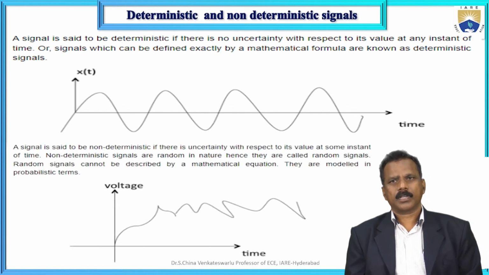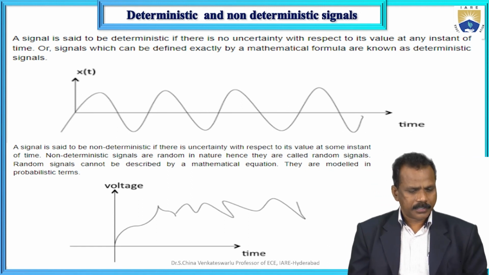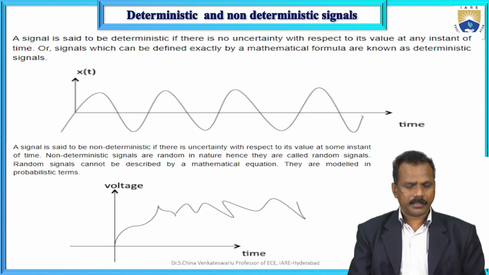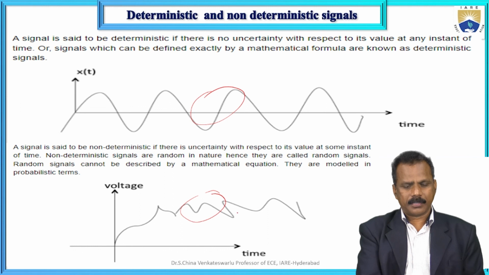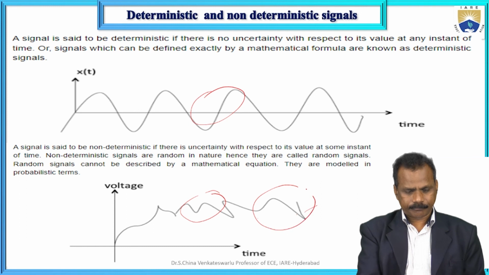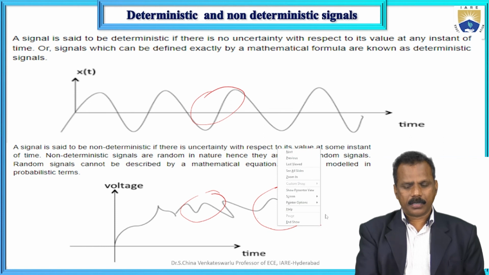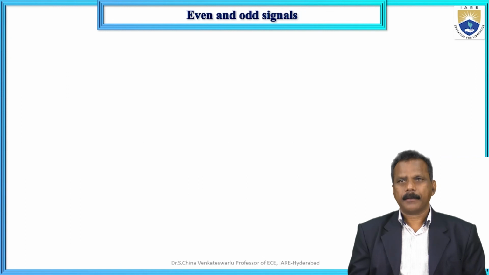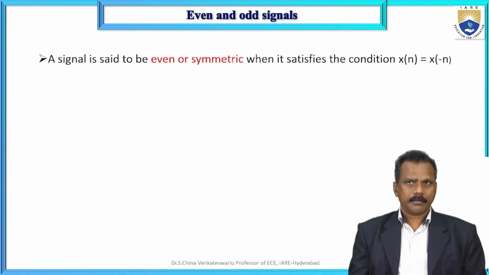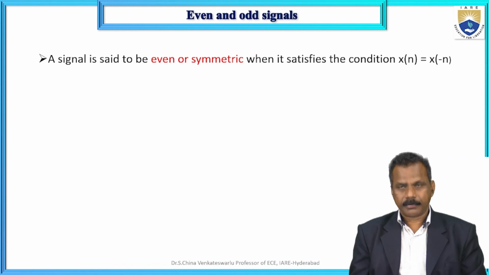Like this, a signal is said to be non-deterministic if there are uncertainties here, when compared to this, with respect to its value at some instant of the time. Non-deterministic signals are random in nature, hence they are called random signals. Random signals cannot be described by a mathematical equation. They are modeled in probabilistic terms. Like this, we can decide all these factors.